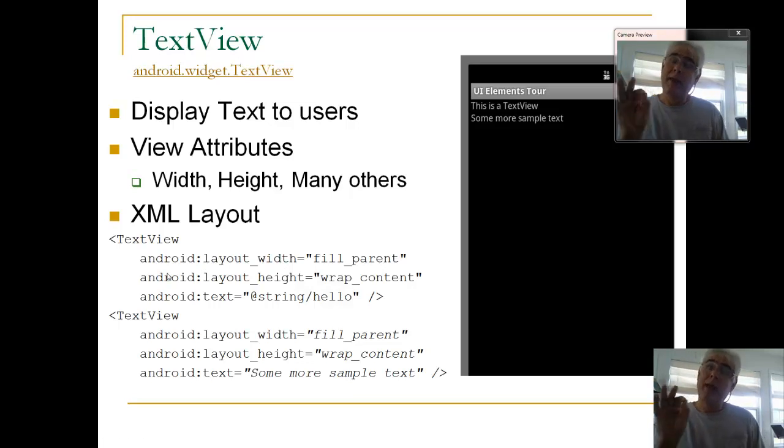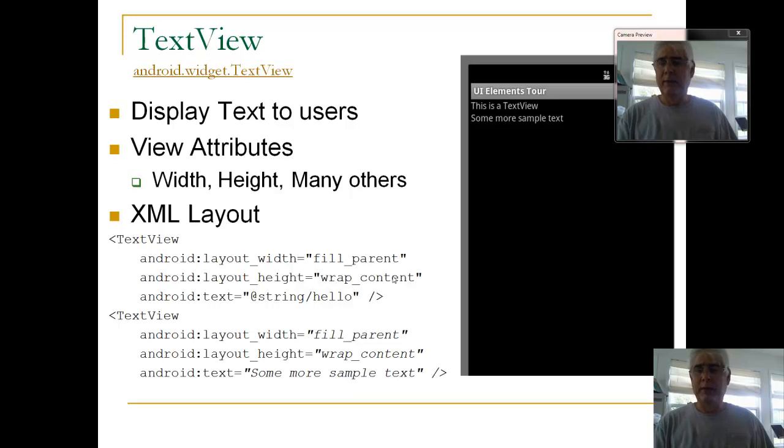A namespace is just a collection of artifacts that share a common naming organization. The specific element in that namespace is layout width, and the value of that element is fill parent, as you see here in quotations. Similarly, we've got Android layout height, and that's wrap content.